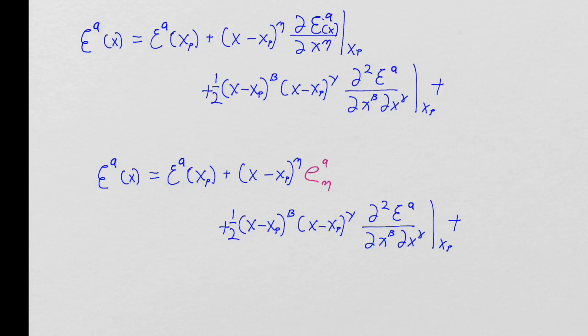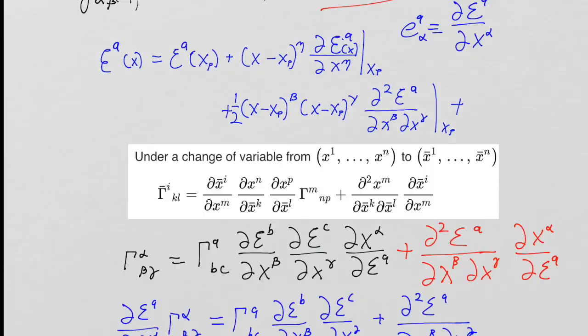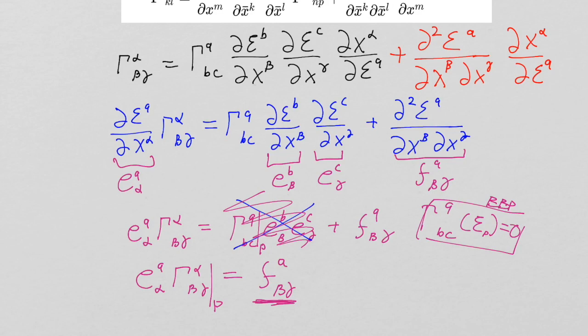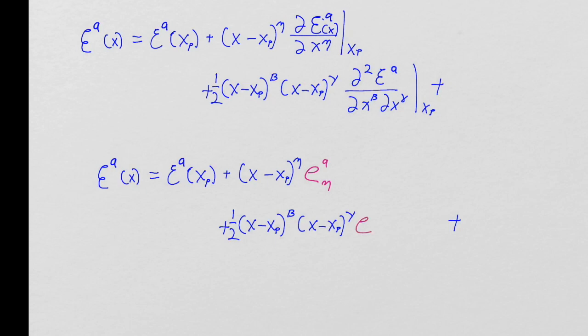And then in this second part, I will take this and erase this and put in this guy, E A alpha, gamma alpha, beta gamma. So it's E A alpha, gamma alpha, beta gamma. Now does that work? Let's see, the beta's sum, the gamma's sum, the alpha's sum, you're left with an alpha, you're left with an A, which is an A. So now we've nailed down the transformation expression to second order.